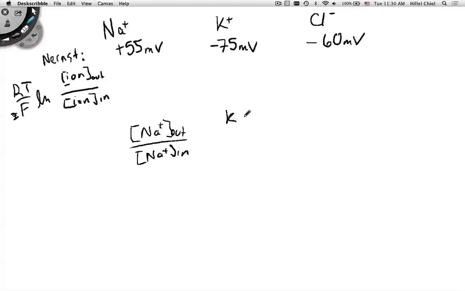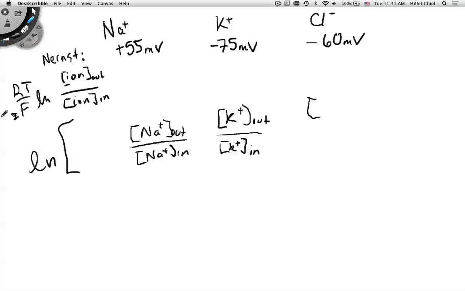We've got our potassium out over potassium in. And then because chloride has a negative charge, again the Z, I'm going to flip it, because we're going to put all of this in a log, just like the Nernst. So chloride in over chloride out.